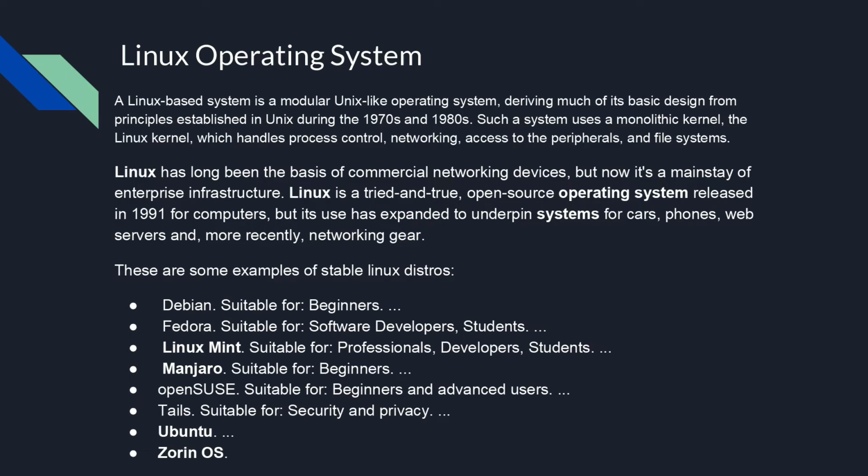Linux has been the basis of commercial network devices, but now it's a mainstay of enterprise infrastructure. Linux is a tried and true open source operating system released in 1991 for computers, but its use has expanded to underpin systems for cars, phones, web servers, and more recently networking gear.